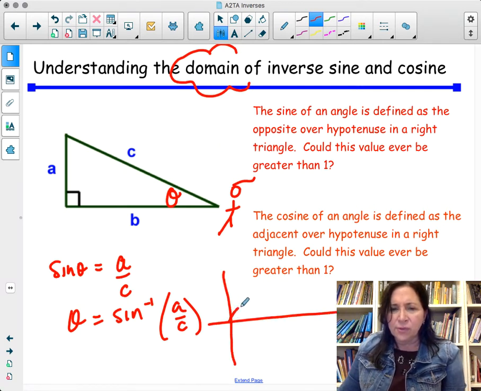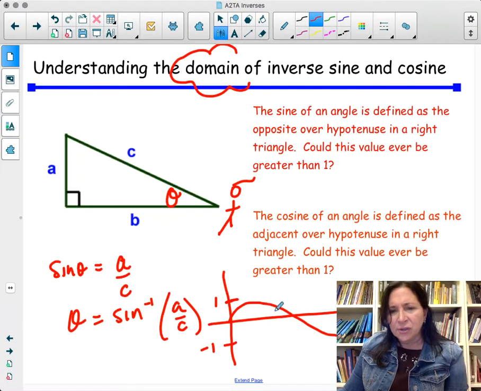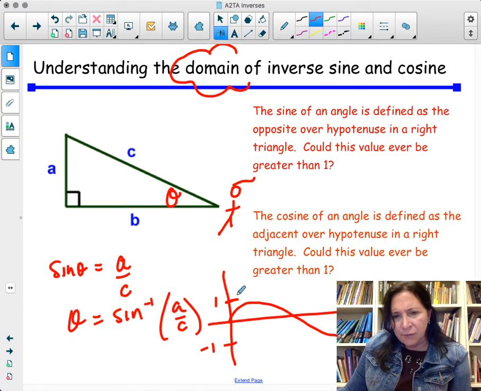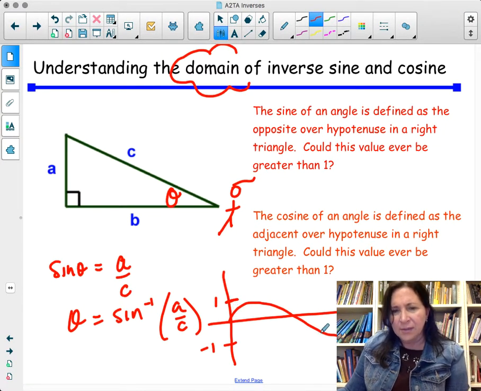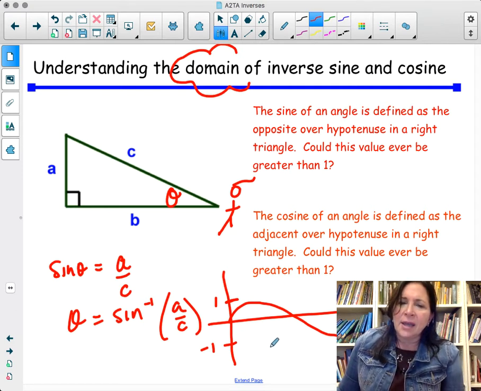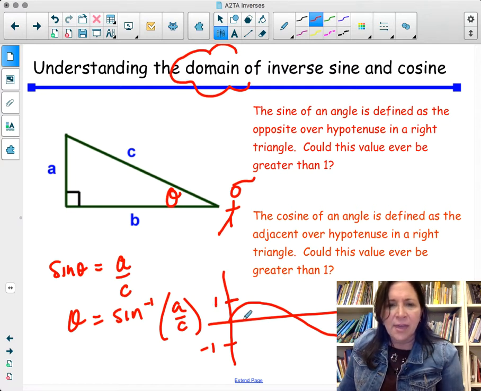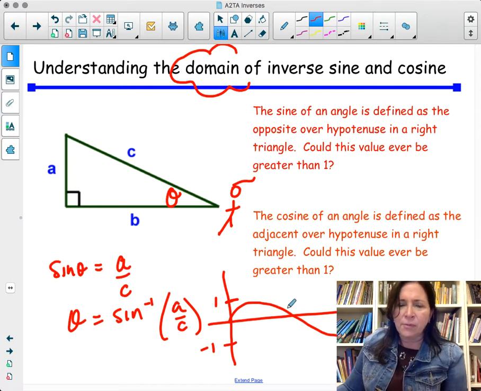See, if you drew a sine graph, here's my sine wave, right? High 1, down negative 1. See that? That's your range right here from negative 1 to 1, right? That's your high and low. So that means that in an inverse, that becomes my restricted domain.